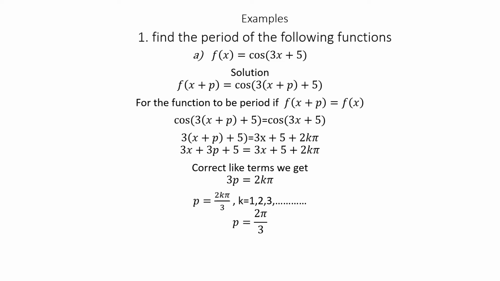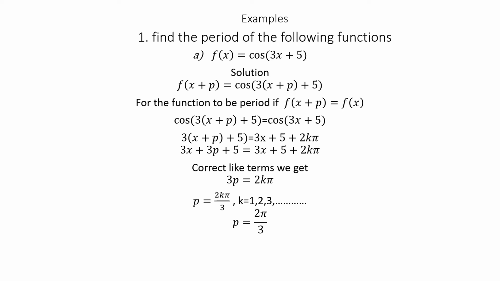Then from here, we know that cos of an angle is equal to cos of another angle when they have the same angles. When we equate their angles, we add 2k pi on the right hand side to indicate that we can have multiples of angles that belong in the same quadrant with this angle here.